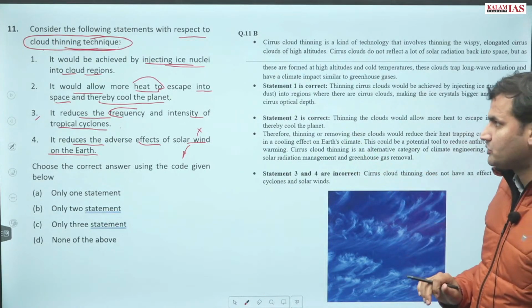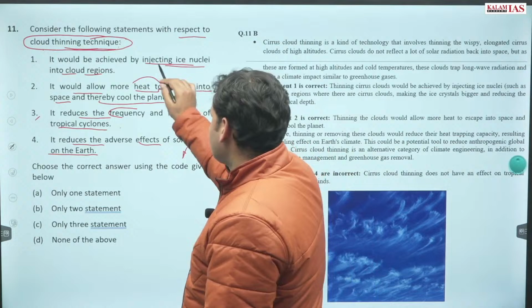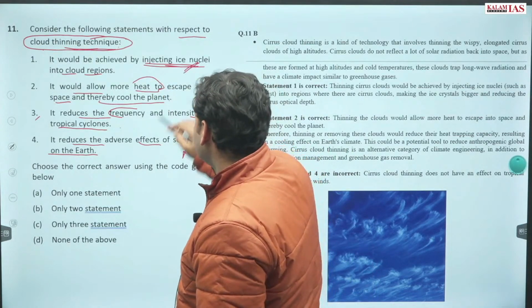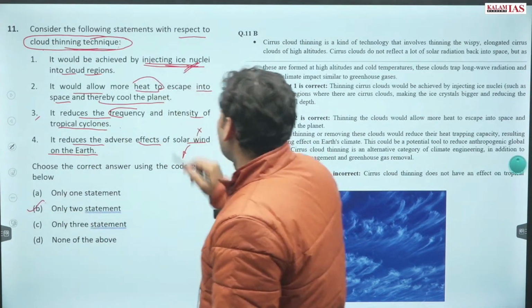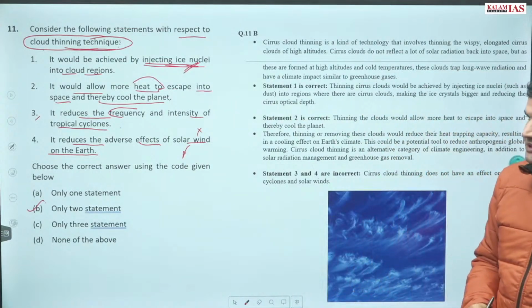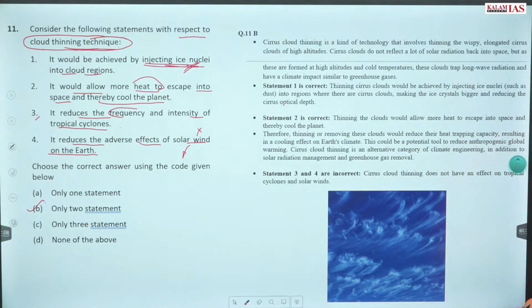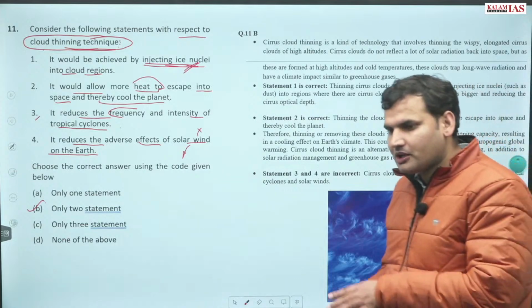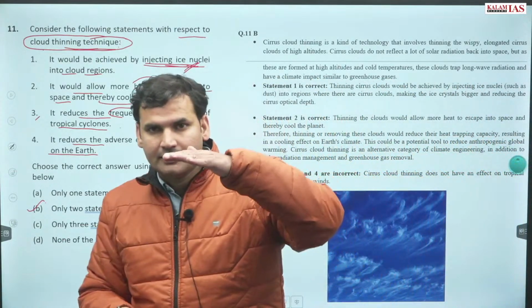First statement is true. How will the cloud thinning technique be achieved? By injecting ice nuclei into cloud regions. Right? It is very simple.